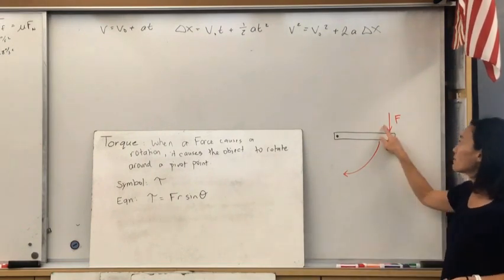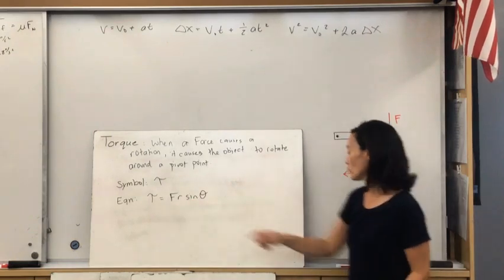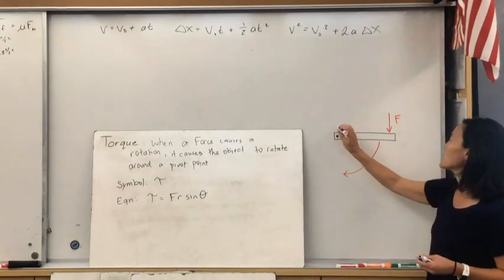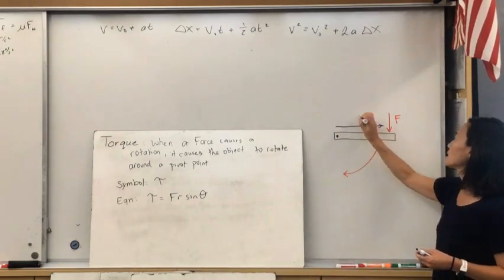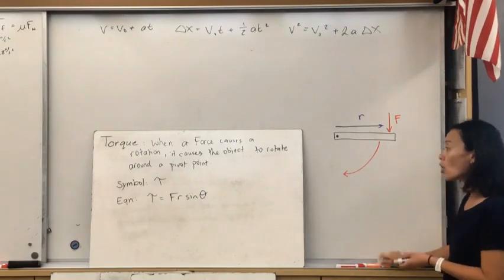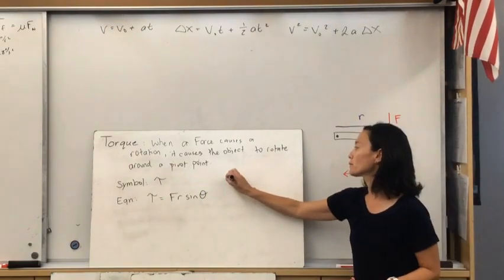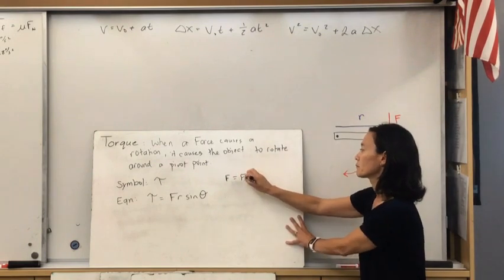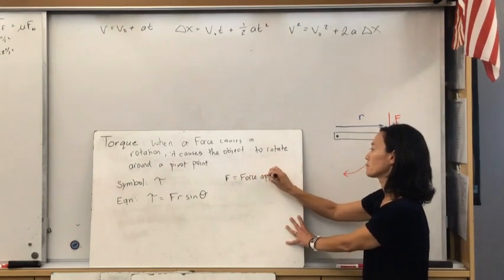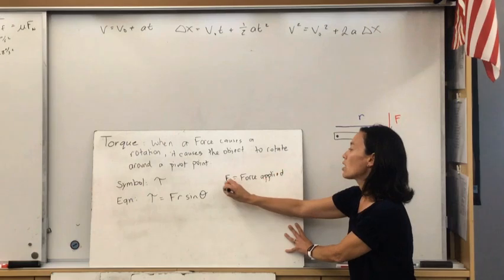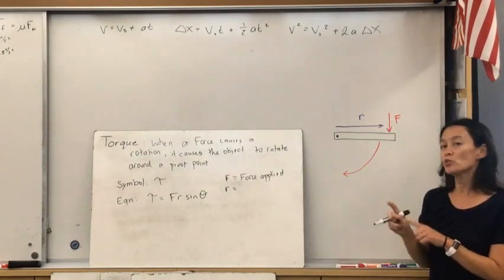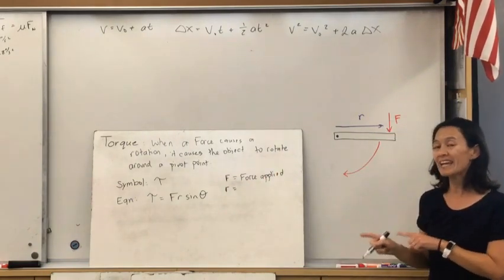So F is clearly this F value. This distance here is R. So F is the force applied. And R is the distance between where the force is applied and the pivot point.